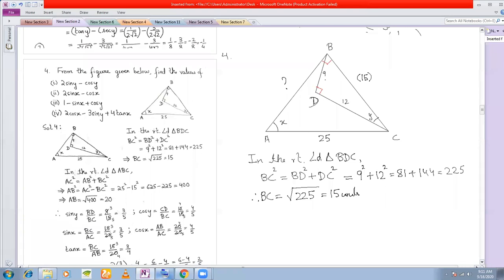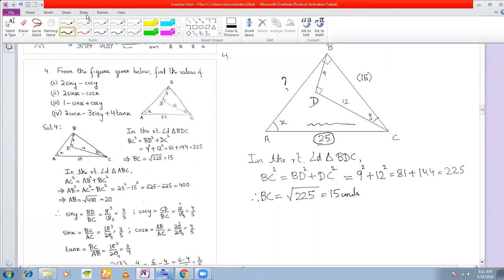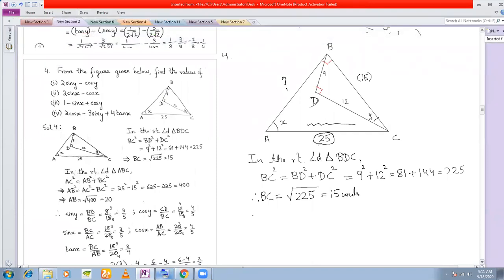So if it is right angled at B, that means AC, this side whose length is 25, must be your hypotenuse. And the others you can take as your perpendicular and base, and then you can determine the unknown side AB. So from Pythagoras theorem, let us determine the unknown side here, which is AB.